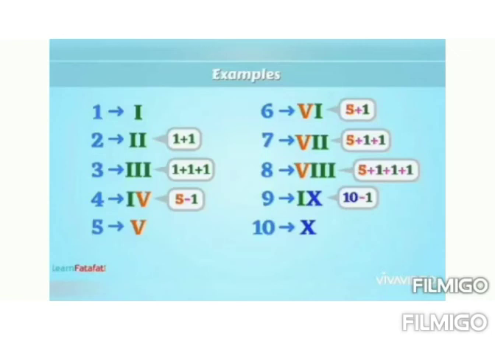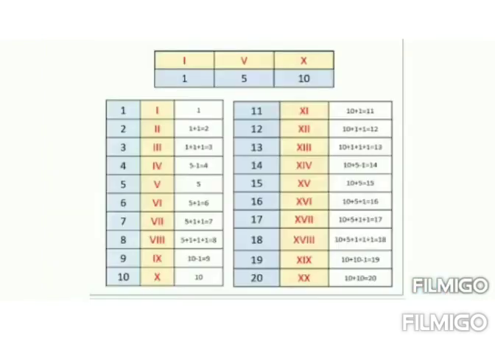For 8, we will add I 3 times to the V. For 9, we will again subtract 1 from X, that is 10 minus 1 equals 9. For writing 10, we will use X.